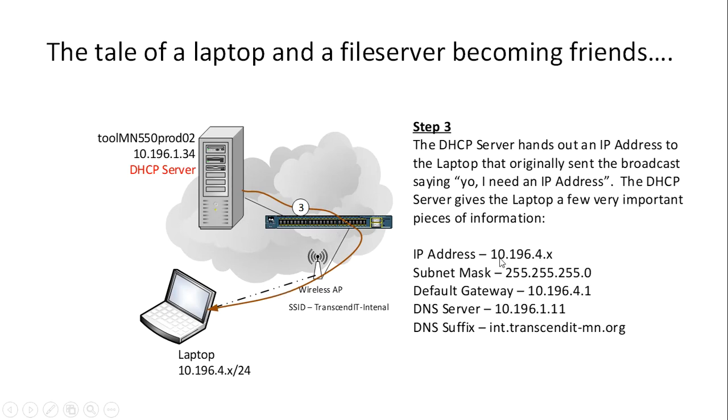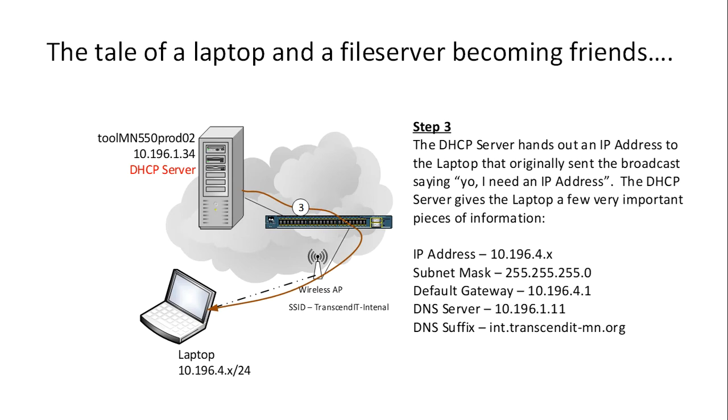With 10.196.4. whatever, this last octet being between 1 and 254 is based on the fact that the subnet mask is written out this way. It groups the subnet into a range of 254 usable IP addresses.